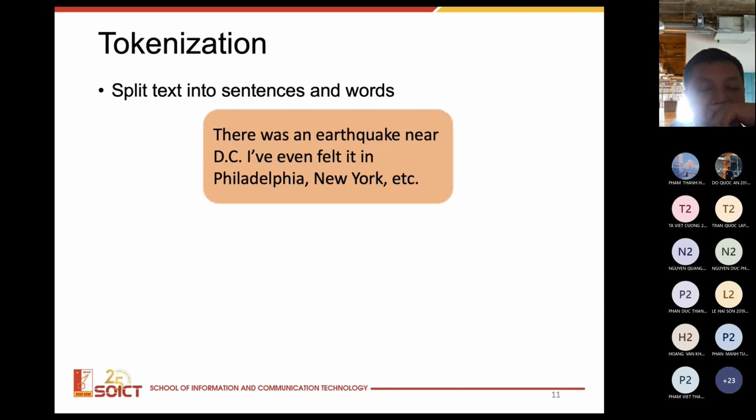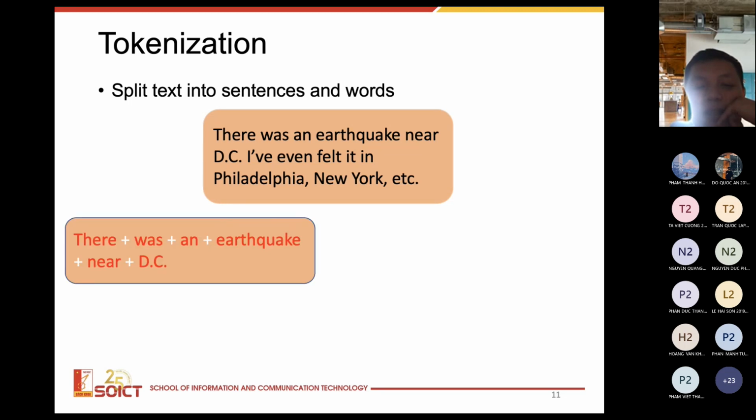So here's another application of NLP, in doing tokenization of the text. The purpose of tokenization is to split the text into sentences and words, right? If it is English, then the tokenization may be simple, so that you can do tokenization by white space.